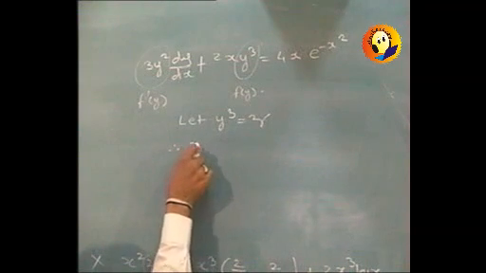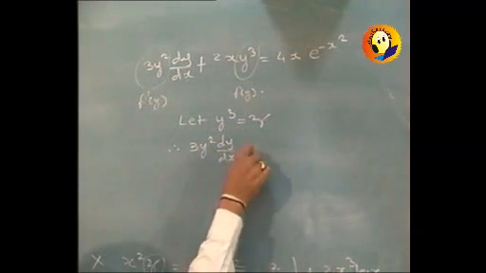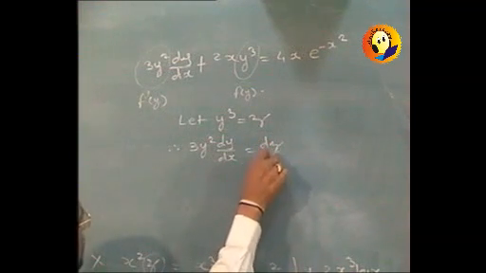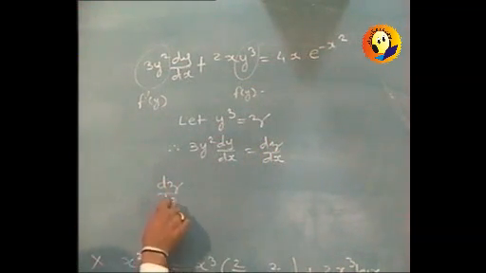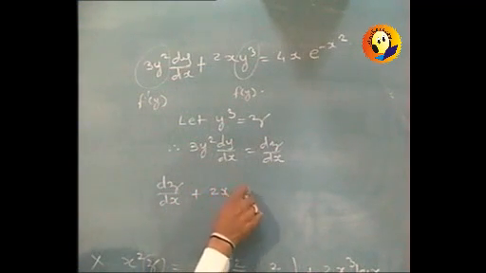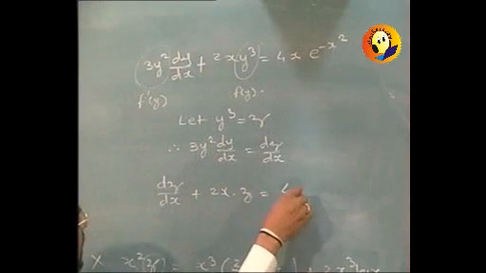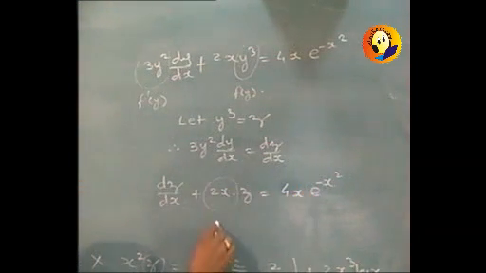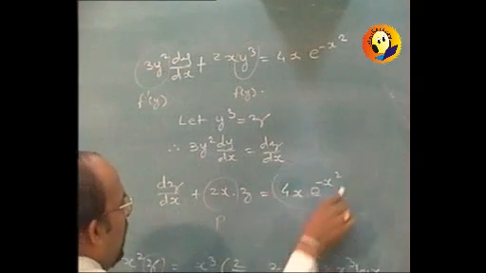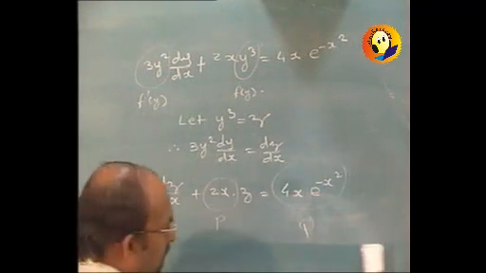Therefore, 3y square dy by dx will be dz by dx, and it will turn out to be dz by dx plus 2xz is equal to 4x e raised to minus x square, 2x being p and 4x e raised to minus x square will be q.